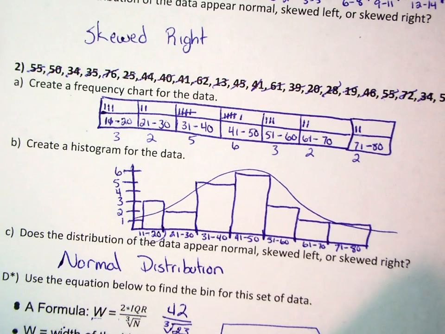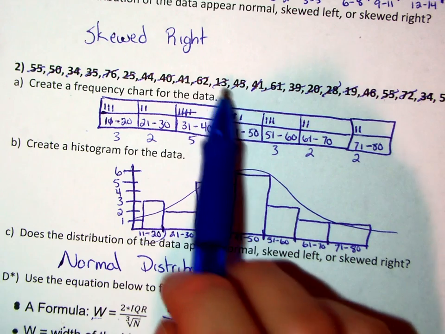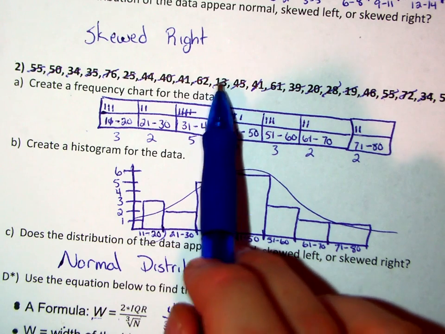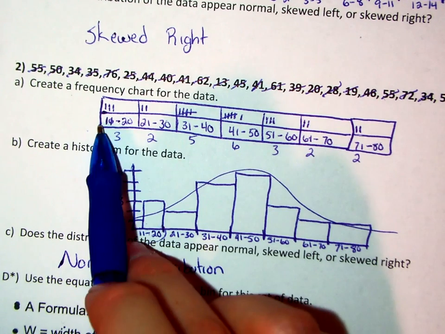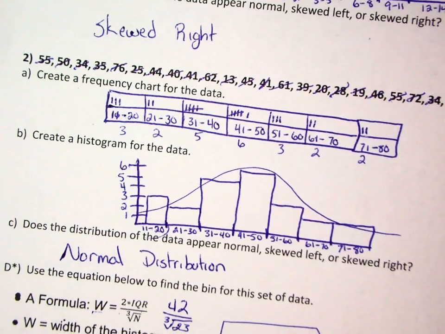So I would then take 14.76, start with my lowest value, which was 13. So my first bin would go from 13 to 27.26. Or I would have been fine with you estimating that bin value and doing 13 plus 15.